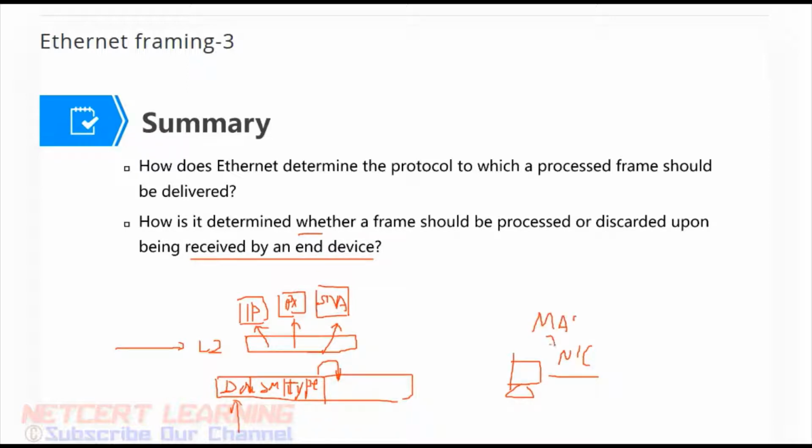We compare the destination MAC address with the MAC address bound in the NIC. If it's the same, the destination of this frame is this computer, and it will be accepted. If not, it's dropped. This is the answer to these two questions.